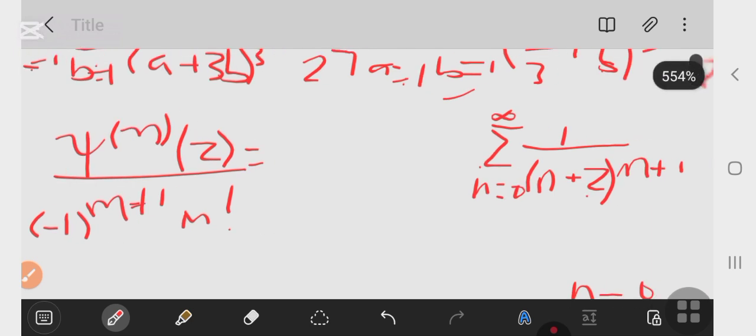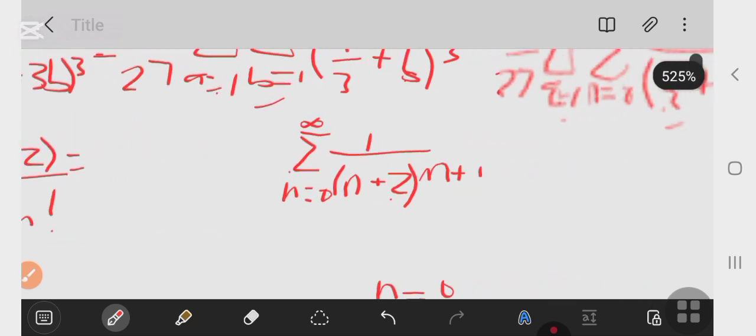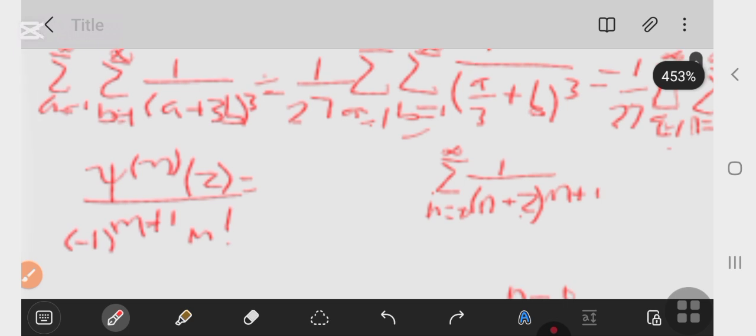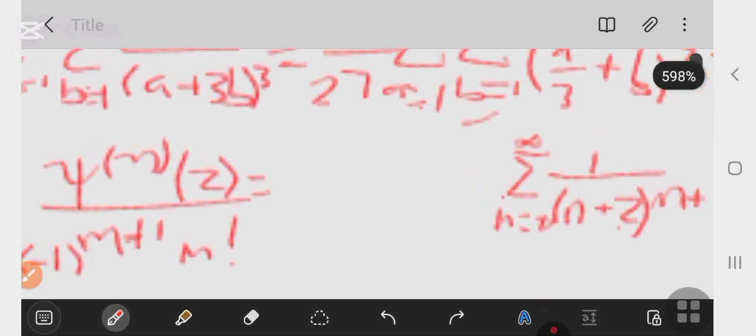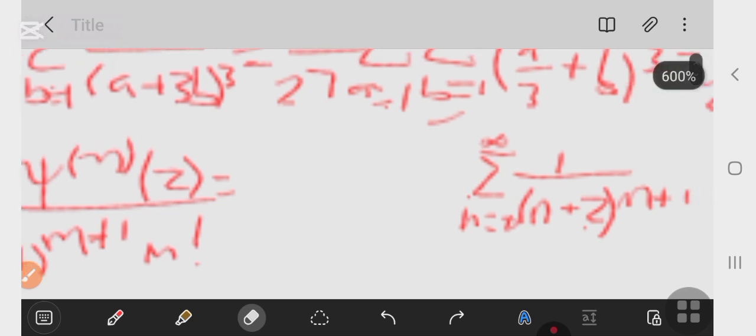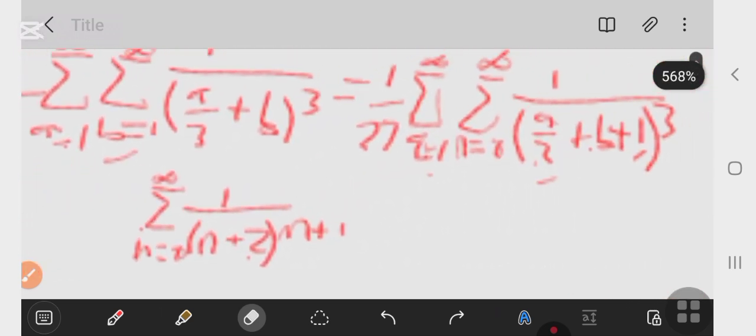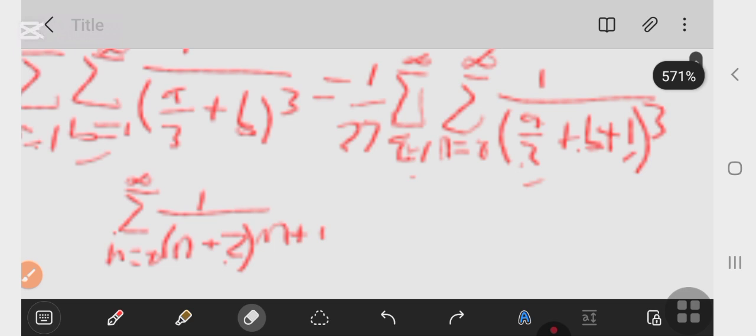Right, so wherever I see a sum that takes this form, I'll just attribute it to the Polygamma function like this. So in my case here, I have this sum. Let me come under here and write it.